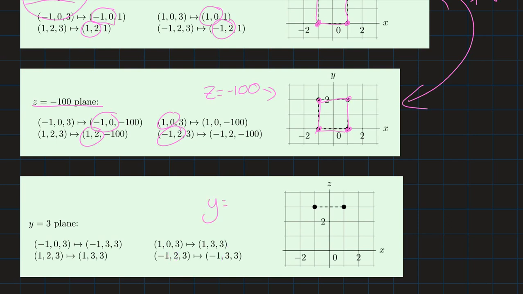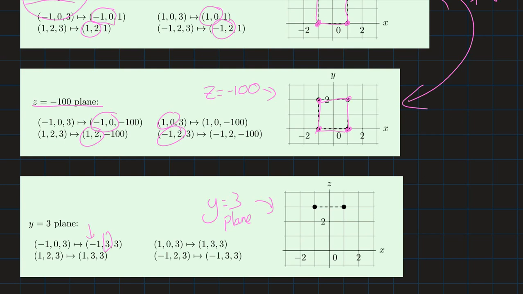Now you plot it on the y equals 3 plane, and because it's the y equals 3 plane, the coordinate axes are now x and z. What numbers do I plot? I already know that y is equal to 3, so just ignore that.